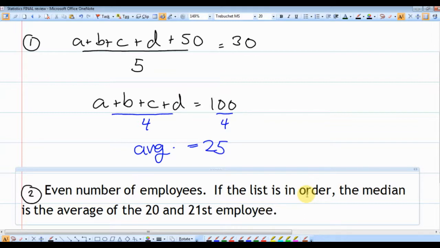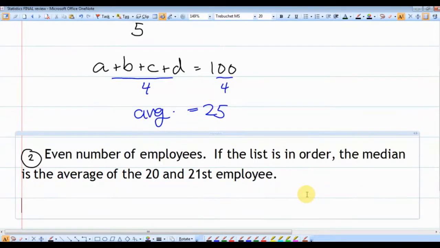And this is basically why the list is in order, so you can do this really quickly. The 20th and 21st are 47 and 49. So the median is 1/2 of 47 and 49.